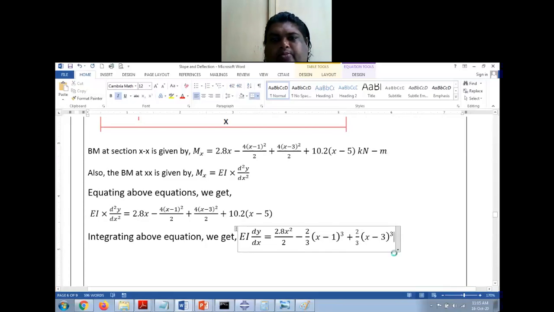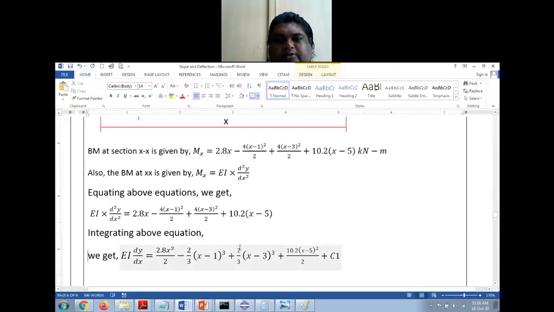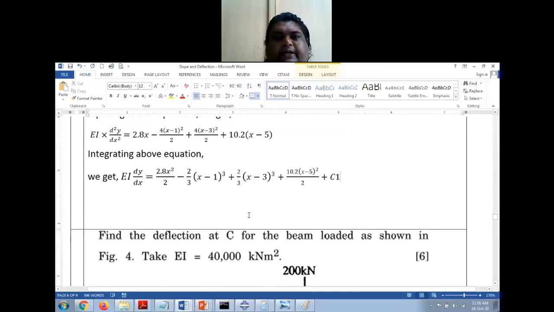Plus 10.2 (x minus 5) whole square by 2. So I'll just copy this here. 10.2 (x minus 5) whole square by 2, right? Plus constant of integration C1. I'll take this next slide because it is very long, right? So this is my first equation.